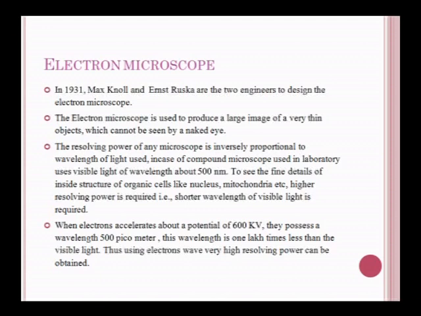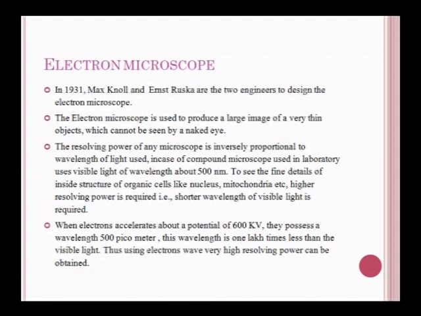Now, the question is why light is not used in an electron microscope. Here we define the resolving power of a microscope. What is meant by resolving power? Resolving power is the power of a microscope to identify two objects which are lying closely.